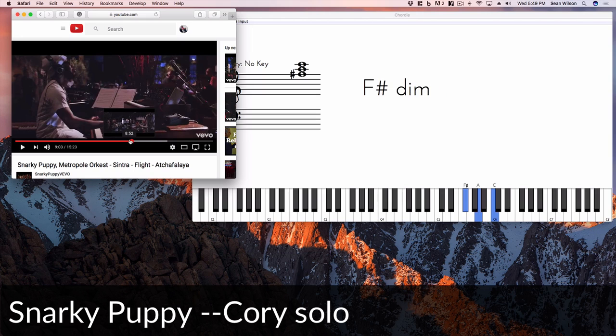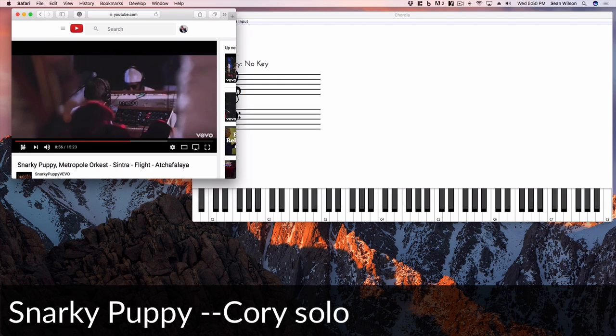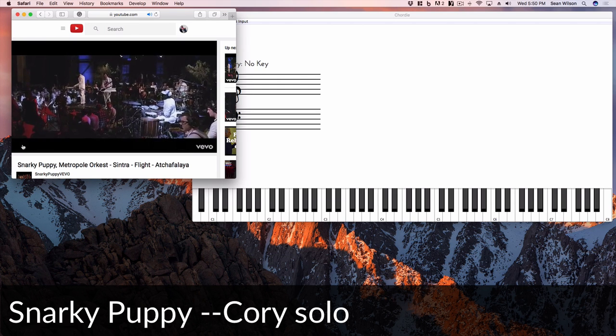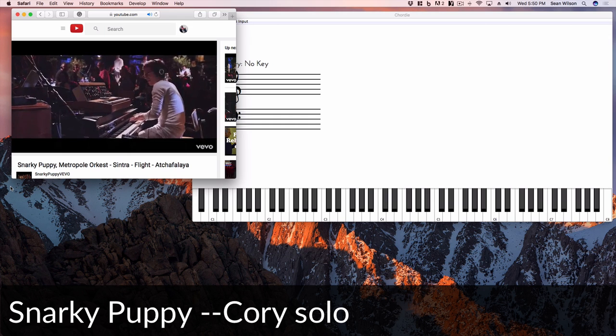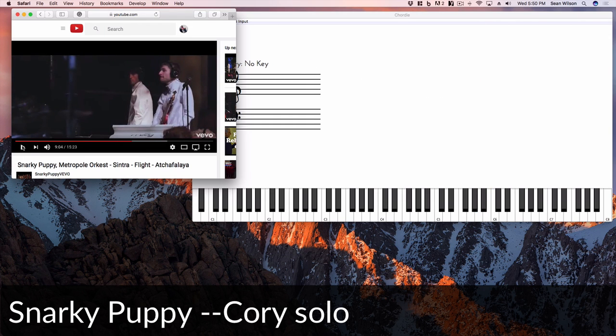And I'm hoping it's an F sharp, because then that means that he is moving down in minor thirds. I don't really care about the runs he's doing in the middle. I just need to know what the pattern is in the relationship between those main notes that he's emphasizing. And if we listen to this, we will find it. Here we go. Okay, so he's emphasizing a minor third relationship.